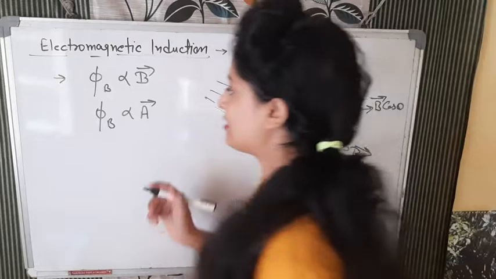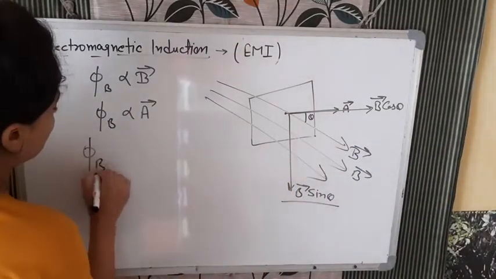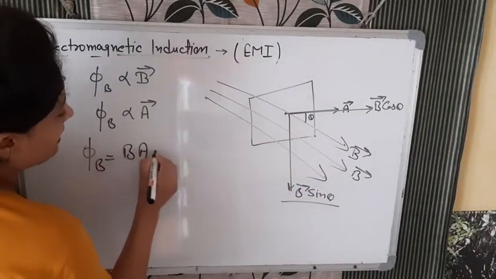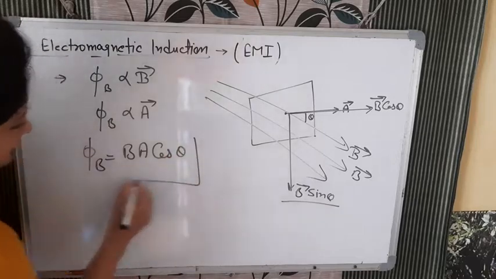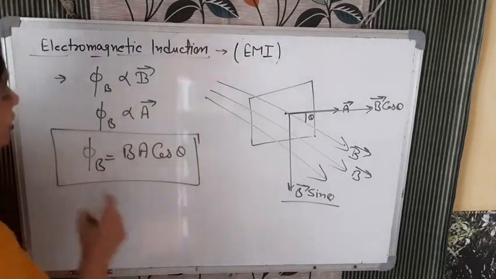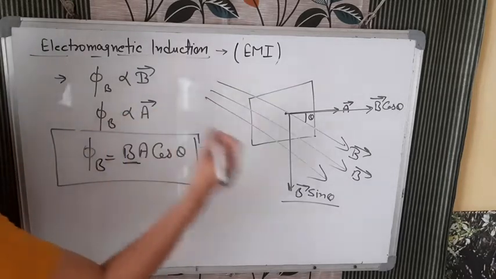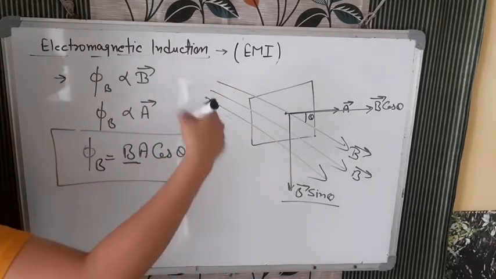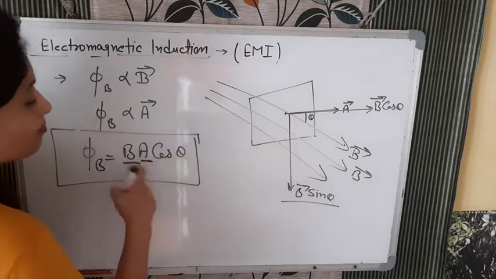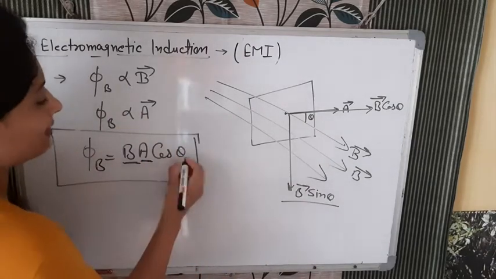So magnetic flux is what? Phi b is actually B A cos theta. This is the exact formula. So magnetic flux depends on the magnetic field lines. More will be the lines, more will be the magnetic field, more will be the flux. Number 2 area, more will be the area, more is this, and the theta.